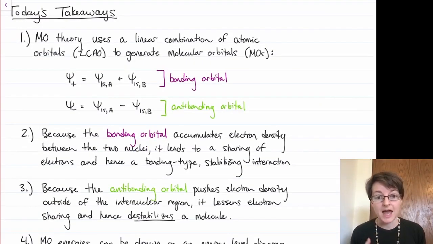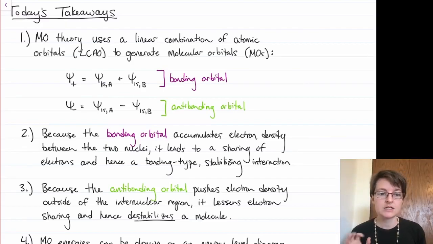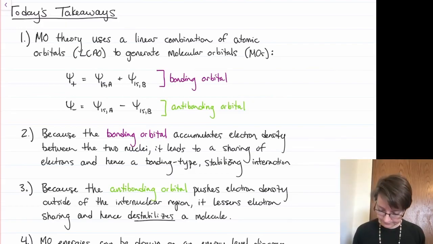First of all, MO theory uses a linear combination of atomic orbitals to generate molecular orbitals. Our 2 available linear combinations are either to add together the 2 orbitals or to subtract them, and that leads to either a bonding orbital in the case of addition or an anti-bonding orbital in the case of subtraction.